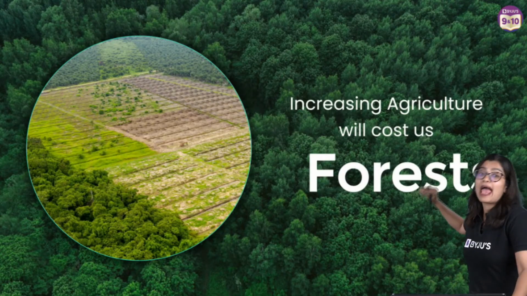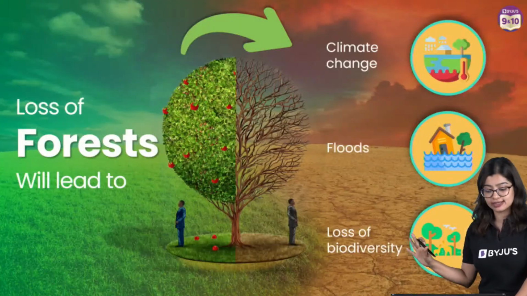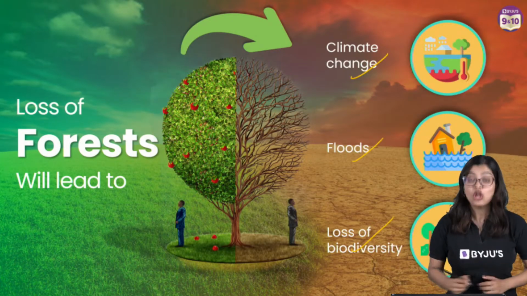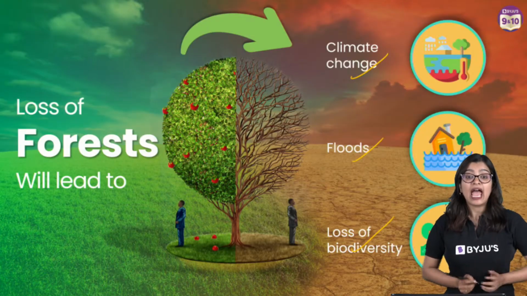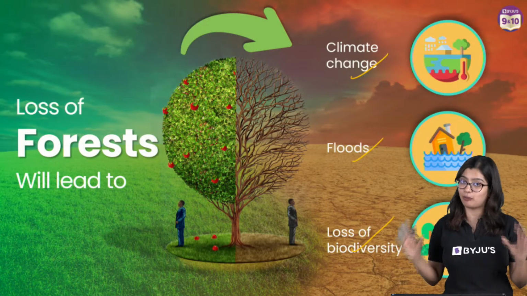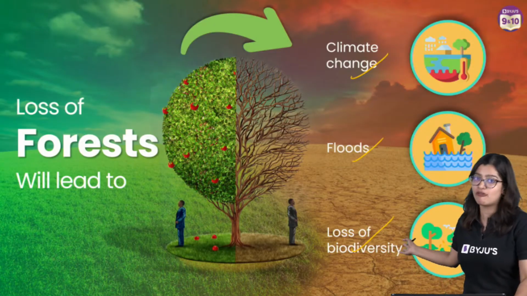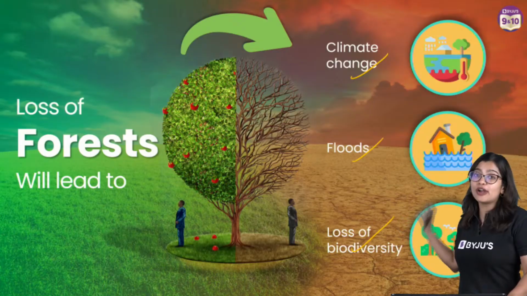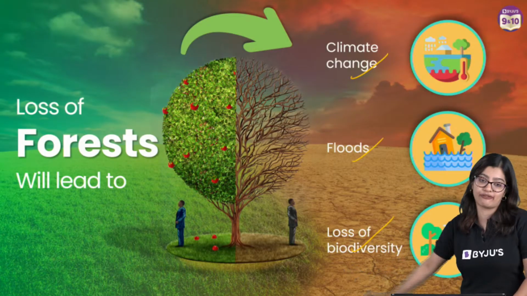So increasing agriculture will cost us our forests, and we see that loss of forests can cause climate change, floods, loss of biodiversity, and at this point it is going to be a very important problem, right? Because at this point we can't afford this. Climate change is already at its brink, so we cannot afford to get more land from forest.